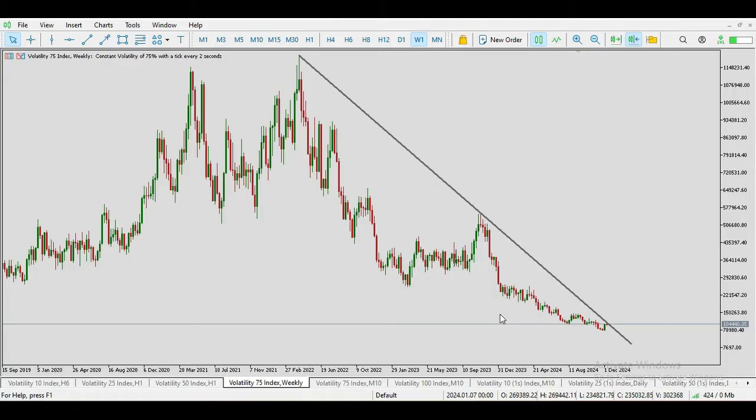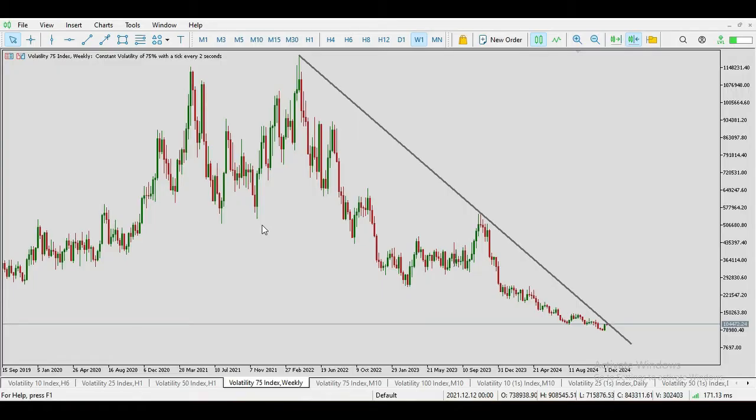Now, a downtrend will not be complete if it hasn't touched at least 2 points in the market. You can see exactly what I did here. First, I hit the first point at the top, and again I came down and hit the second point here, then drew my trend line downwards, right? This is a very simple price action strategy.